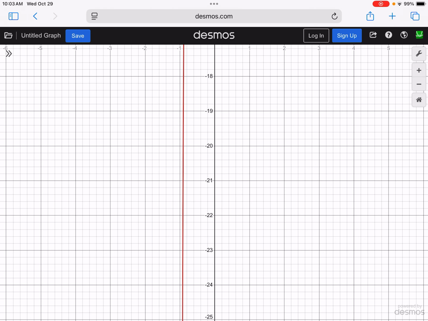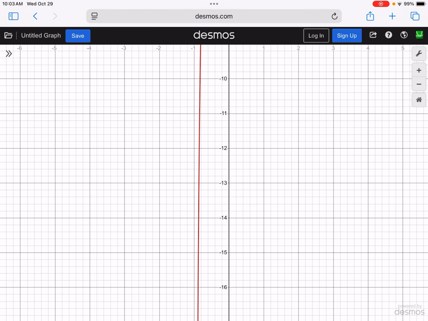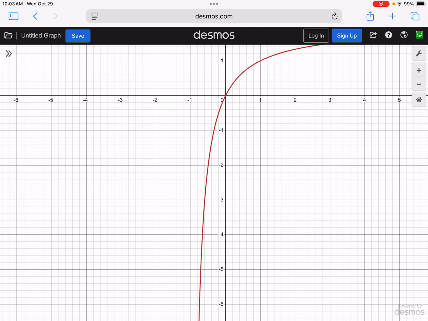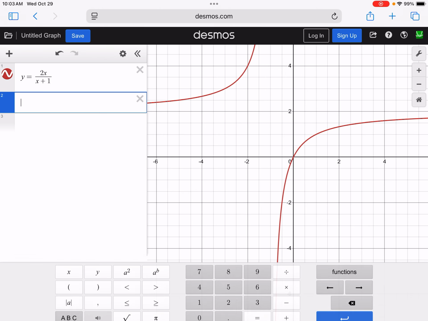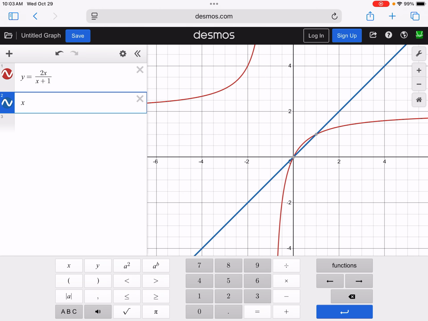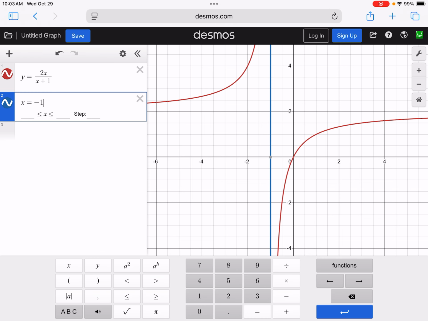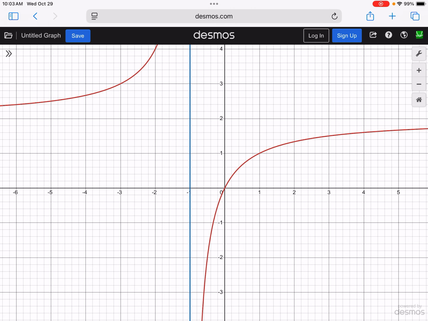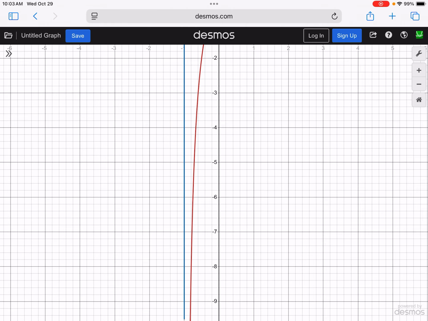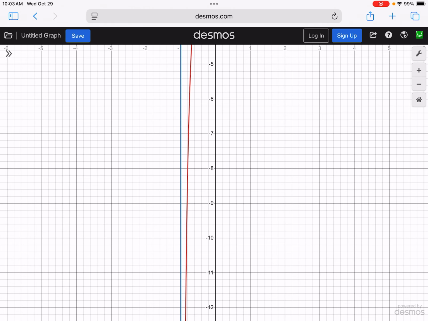Now that x equals -1 is a vertical line. Here we have x equals -1, the blue vertical line. And this graph never touches the vertical line.